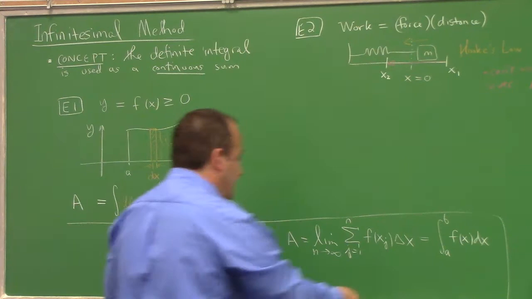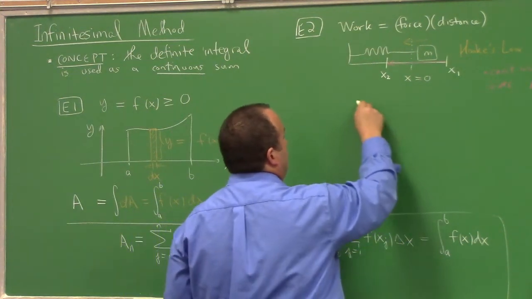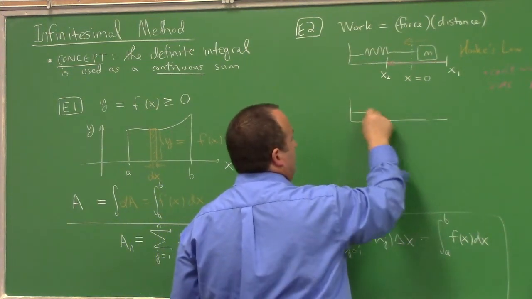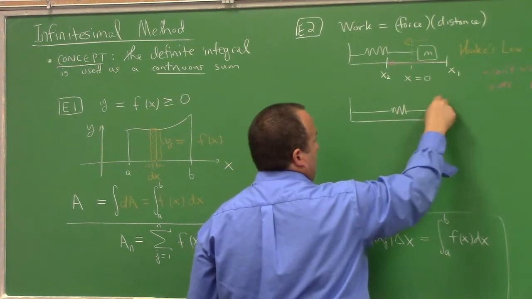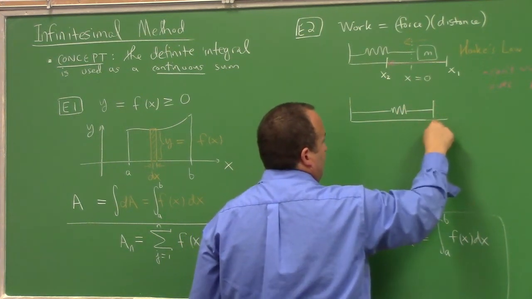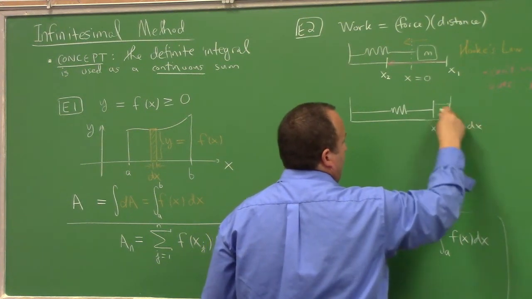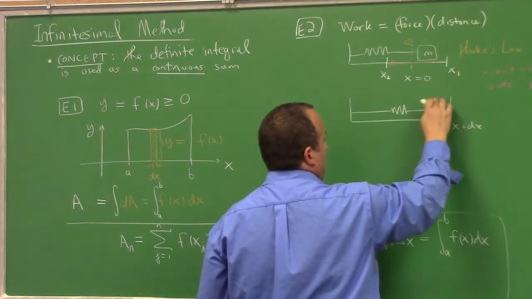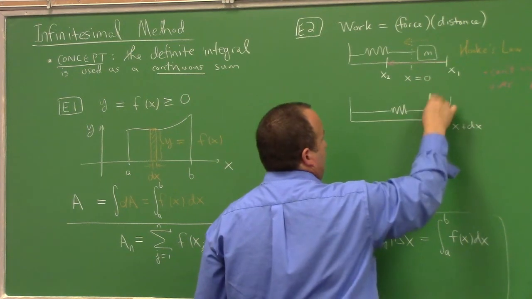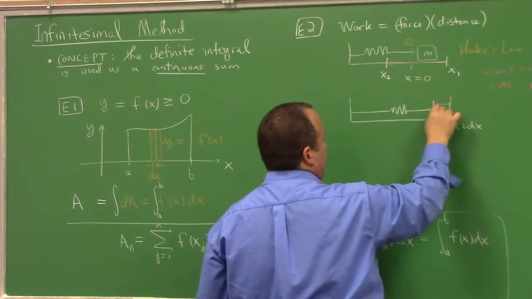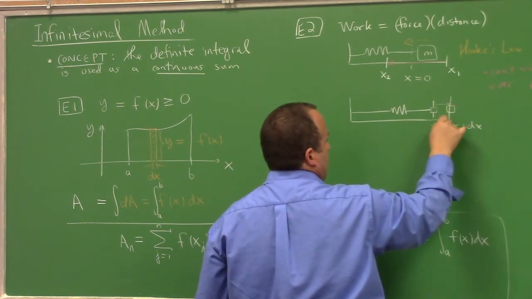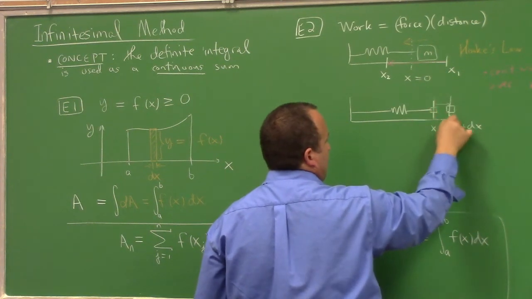But what you can do is go, okay, well, fine. I can think about the spring going from, say, x to x plus dx. I'm going to draw the box smaller. So imagine that you go from x to x plus dx.